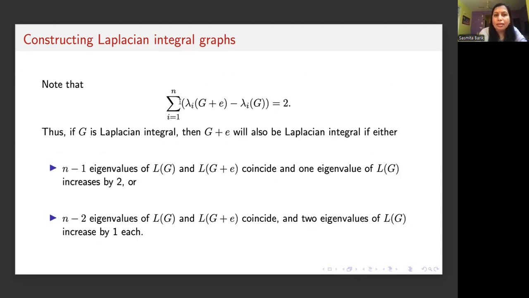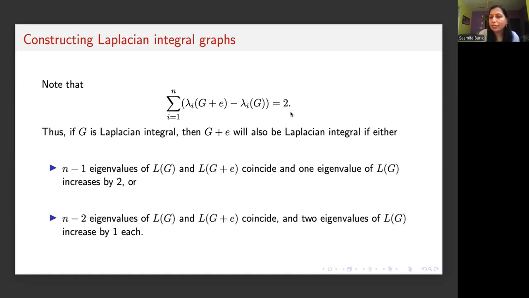And then another thing is, if I look at the sum of the eigenvalues of G plus e, that is nothing but the sum of the diagonal entries, and those are the degrees. So by adding one edge, you basically increase the total degree by 2, because you just added one edge. So if I look at the total degree of G plus e minus the total degree of G, that means the summation of all eigenvalues of G plus e minus the summation of all eigenvalues of G, that is 2.